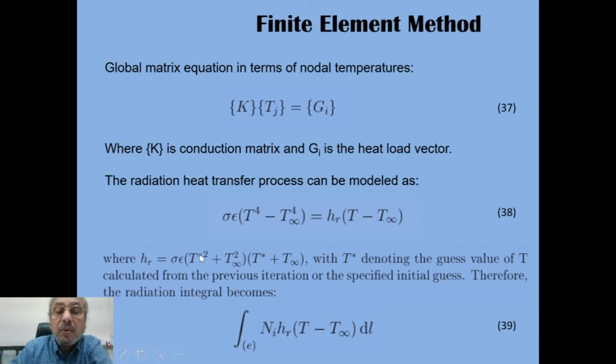where T star is basically the guess value of temperature. So this T, if we take as T star, and this T also T star, then this becomes the radiative heat transfer coefficient. T star denotes the guess value of T calculated from the previous iteration on the specified initial guess, and it will iteratively correct till it reaches the final temperature.